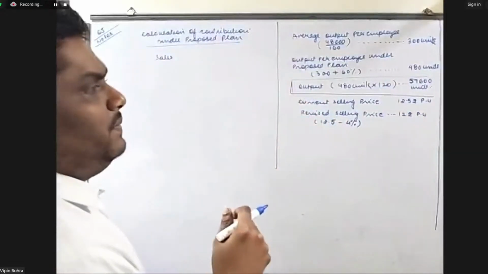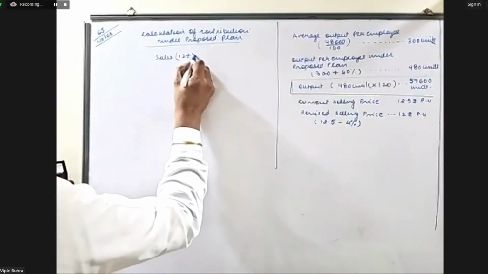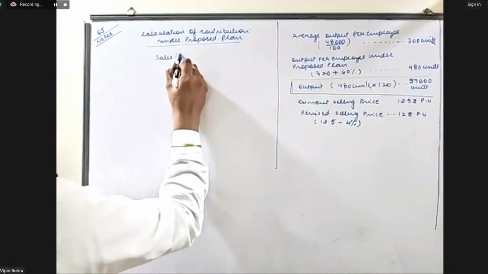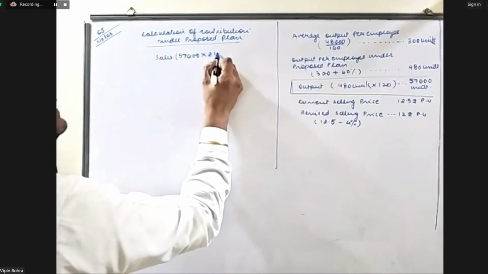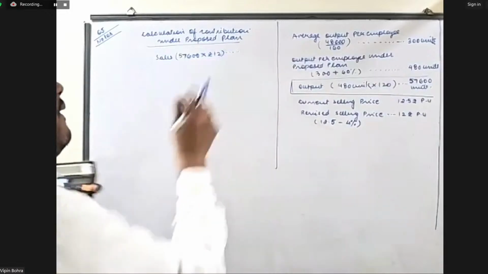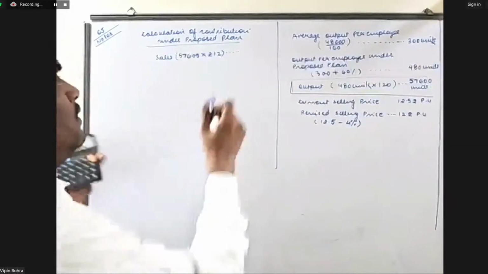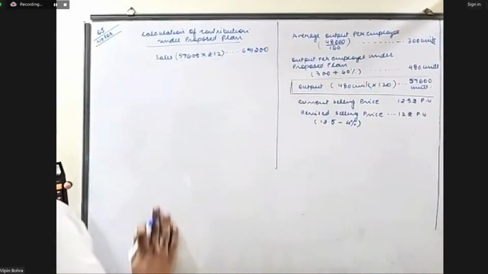So how much will my sales be? 57,600 units into rupees 12 per unit. So this will be 691,200.